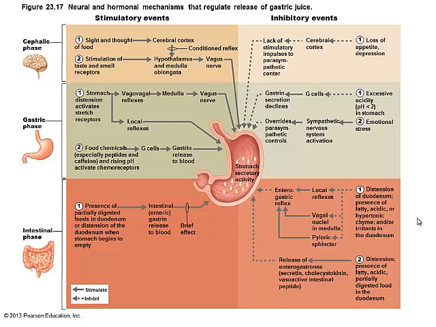The gastric phase, just the inside of the stomach. They're going to target the stomach and its secretions in that area. The medulla and the vagus nerve are going to help transmit that message to the stomach region.